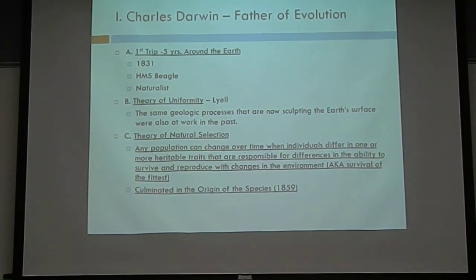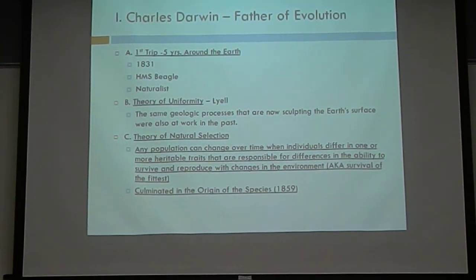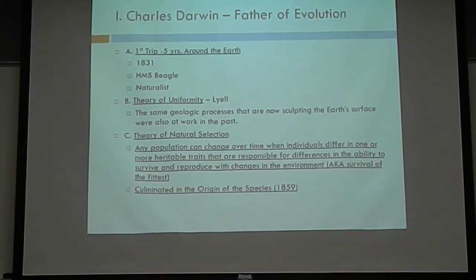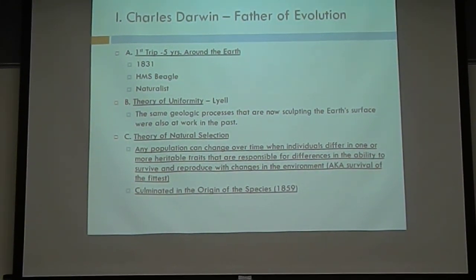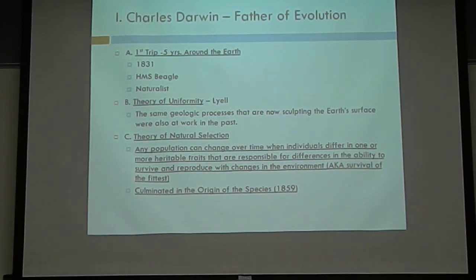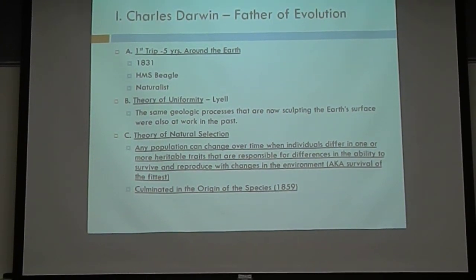And so I just want to give you a little bit of background information because he's sort of demonized in some respects and held to high standards in some respects, and I'm just giving you some information to let you decide what you want to think about Darwin. All right.